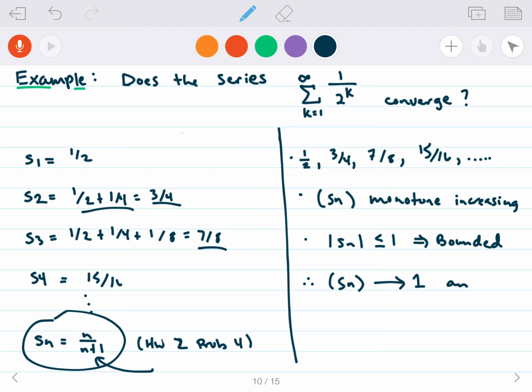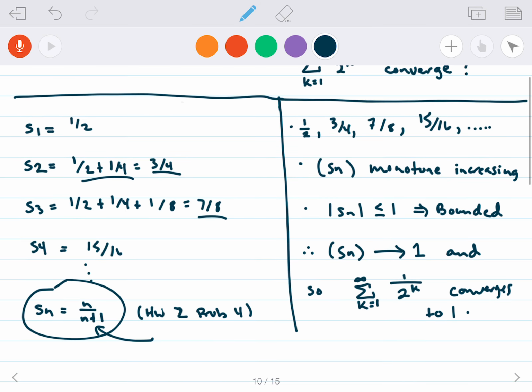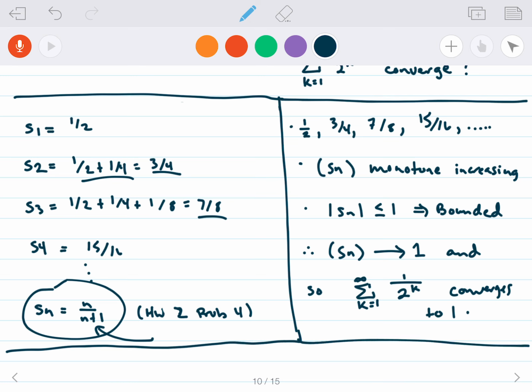And so, since the partial sums converge to 1, the series converges. Okay, so that's the idea here: if the sequence of partial sums converges, then the series itself converges to that same limit.